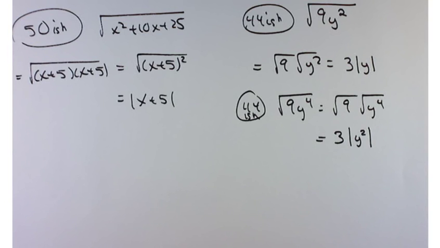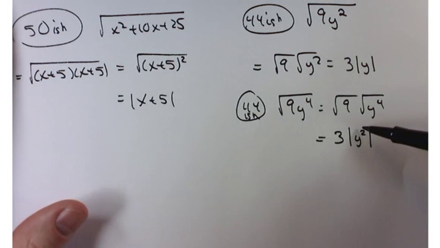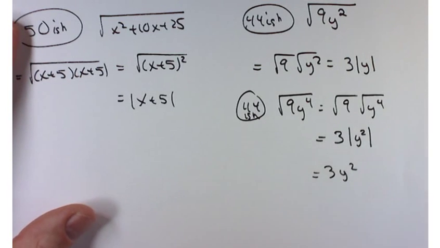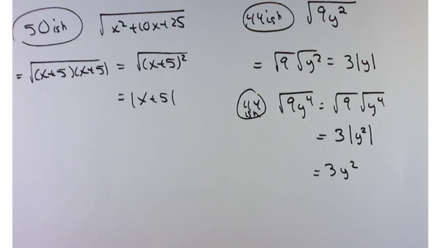But let's think a little bit about the y squared term. When you square something, what's its sign? When you multiply a number by itself, can you get a negative number? It's always positive, right? So if this is always positive, well, you really don't need the absolute value. So you wouldn't have to write it there.